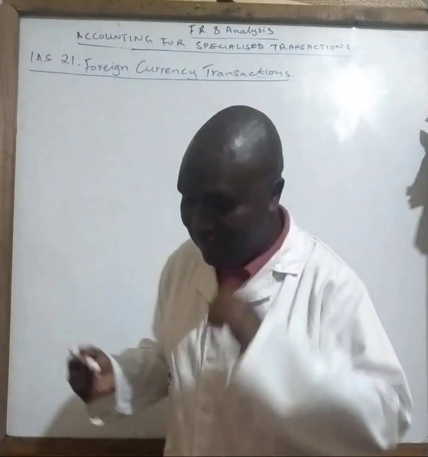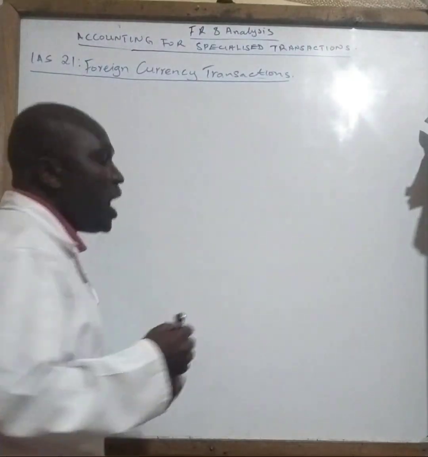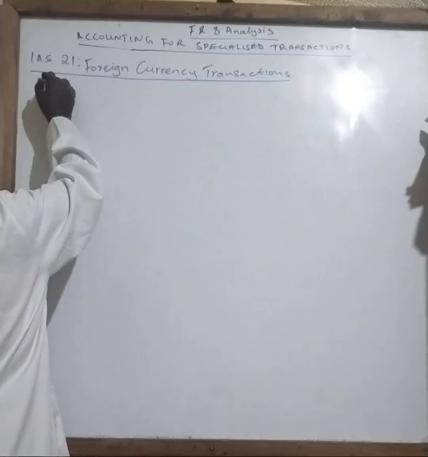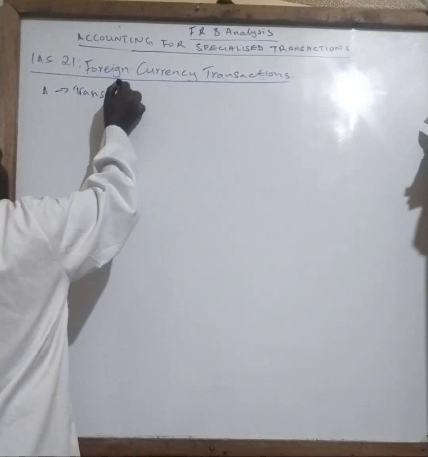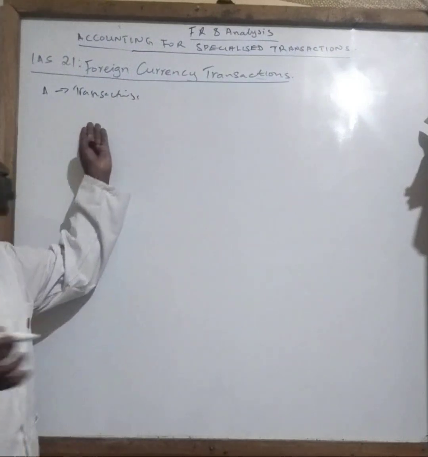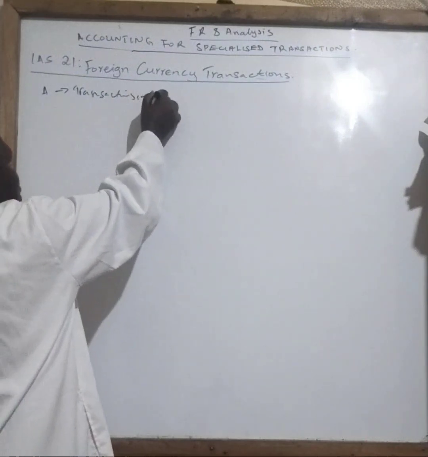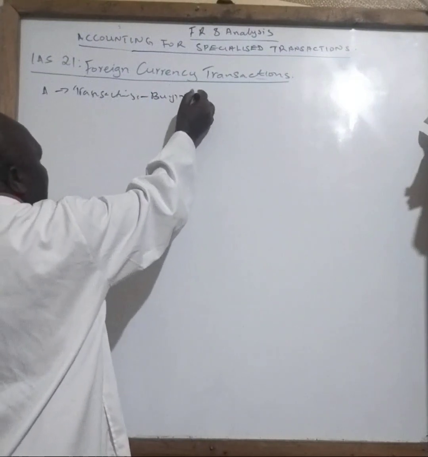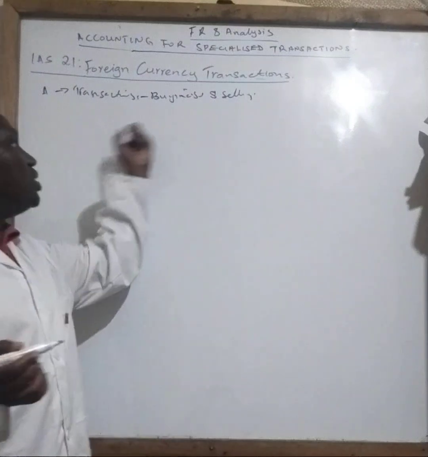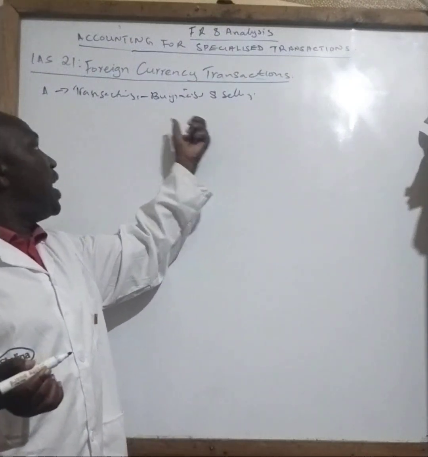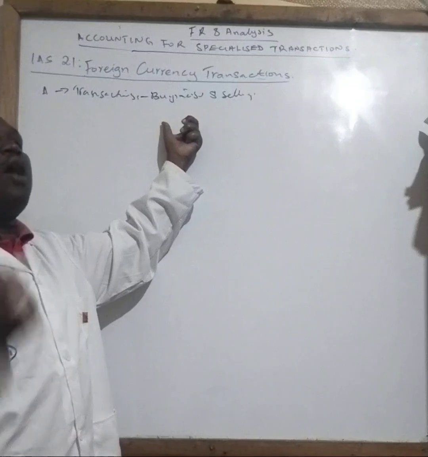For that matter, let's see some examples. We can have a company like A. Company A is doing transactions, that is, it is buying goods and selling them. When they are buying and selling goods, it means they are dealing with two or more countries.